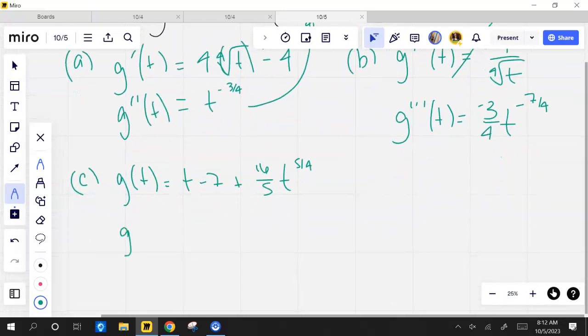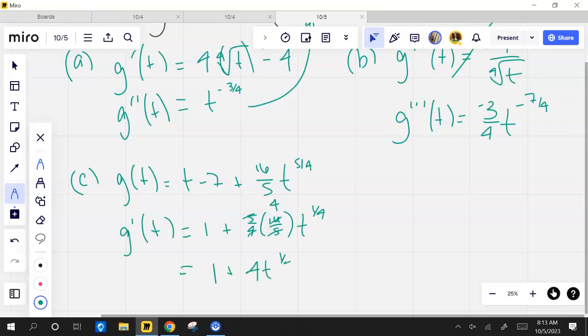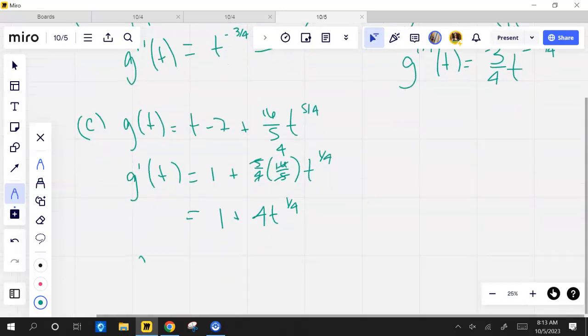All right, well, first derivative, we'll have to do it twice, would be 1 plus, now I'm going to multiply 5 over 4 times 16 over 5, t, subtract 1 1/4, so this would give me 1 plus 4t to the 1/4. And the second derivative of that would be t to the negative 3/4. Is that what I started with? Yes. So that one would work. So C would work also.